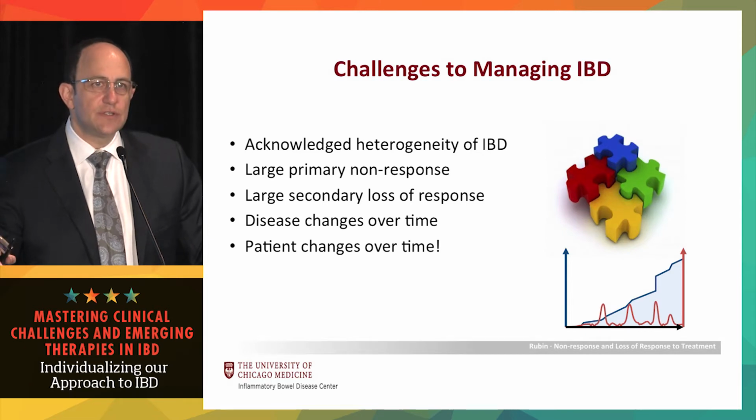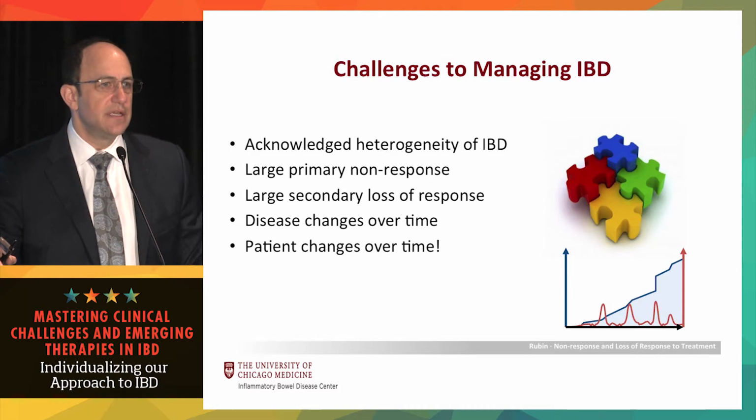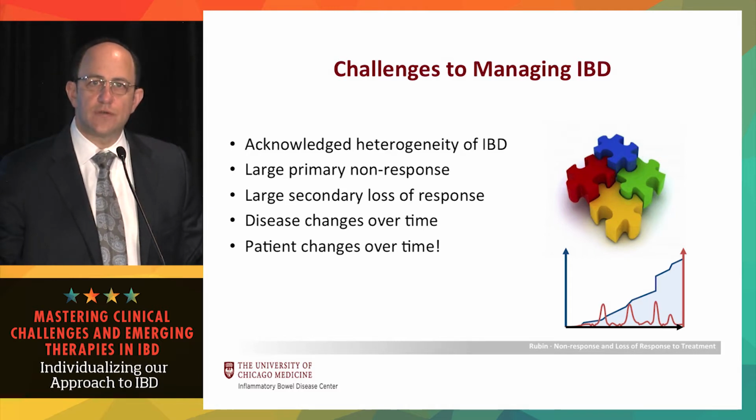There are a variety of challenges to managing the patient with inflammatory bowel disease. The first is the problem that we're dealing with more like 50 or 100 different diseases that we lump into Crohn's and colitis. The human body's quite amazing, but it can only express itself in certain ways.